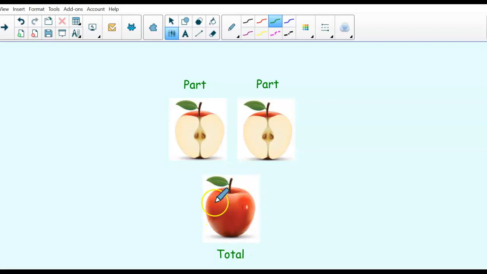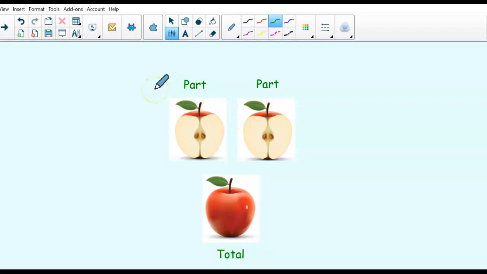That's like a whole apple that hasn't been cut apart. The problem will then give us part of the total amount. That's just like cutting the apple apart. And you know one part or amount, but you don't know the other amount. The other amount is what you have to figure out.